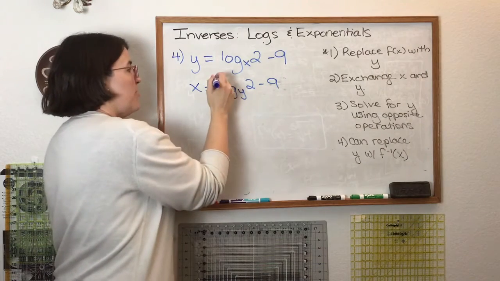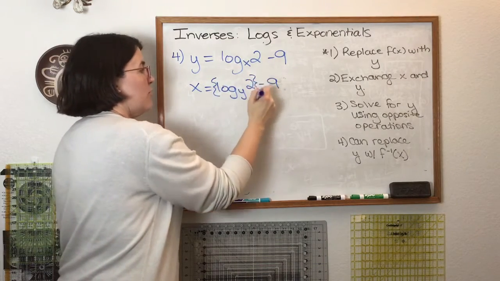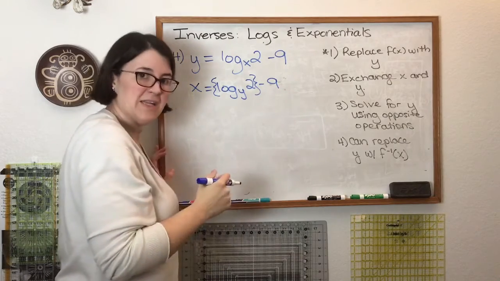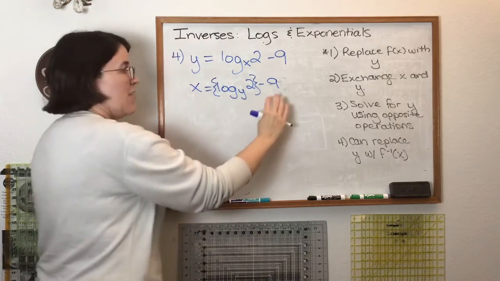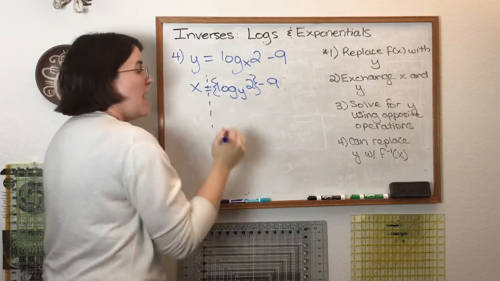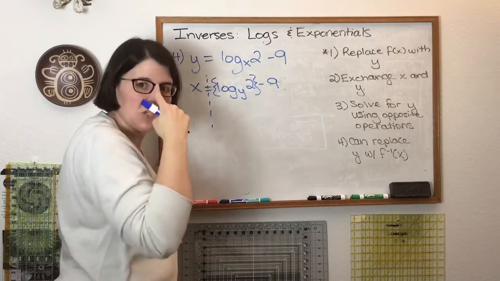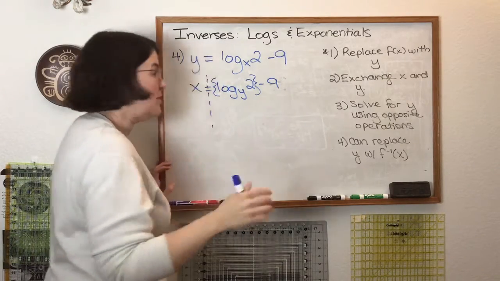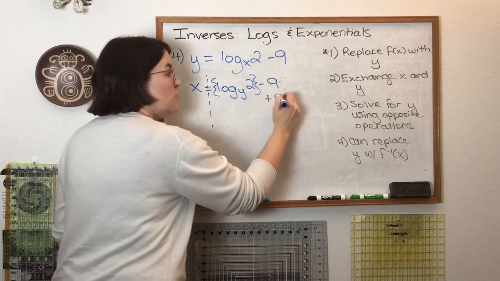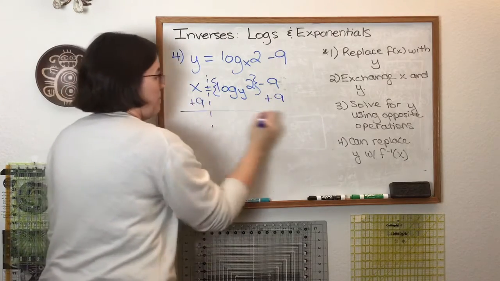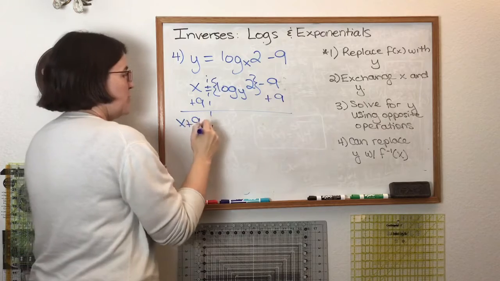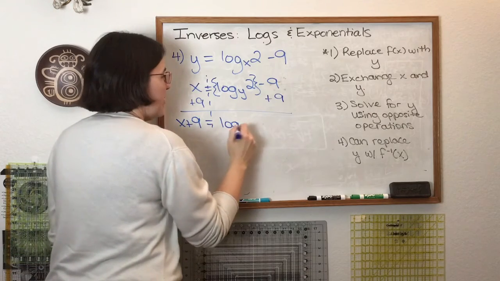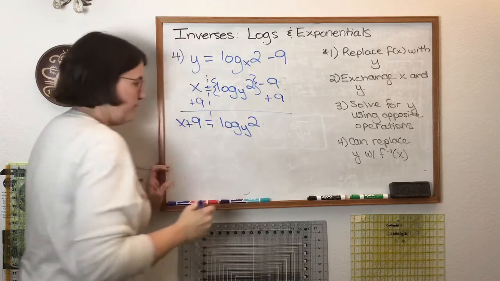But think about this as all together logged, and then this extra minus 9 hanging around. So the idea is I want to move that minus 9, and you already have right math instincts. You haven't practiced log and exponential enough. So what we should do is move that minus 9 by adding it. That now gives us x plus 9 equals log base y of 2.